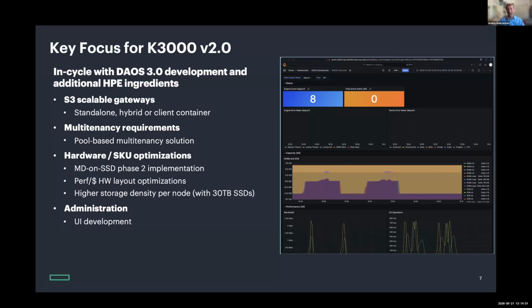So with phase 2, we will be able to look at additional system options and configurations for performance-per-dollar hardware optimizations, where you could work with different sizes of DRAM and not be locked, or with, as I mentioned already, the 30 terabyte SSDs to improve the system ratio, and especially at this time to consider what could be the cost reduction of the hardware.